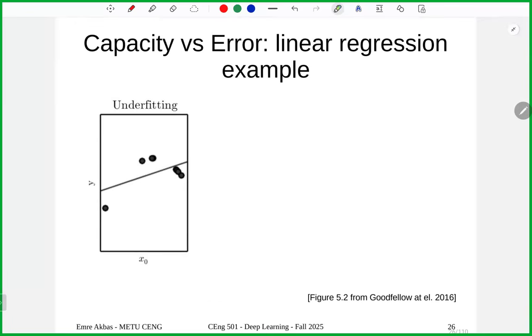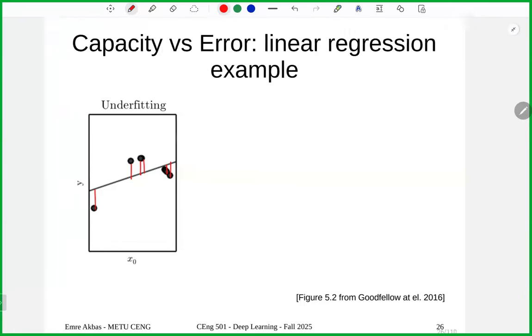But we can call this underfitting because there is a lot of error here, right? This is an error, this is an error, this is an error. So yes, we have a certain degree of error, but the fitting is not that bad. It captures the major trend of the points.